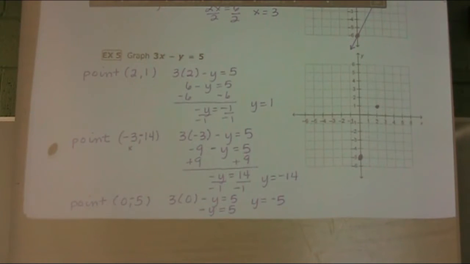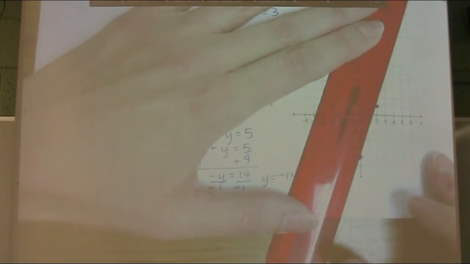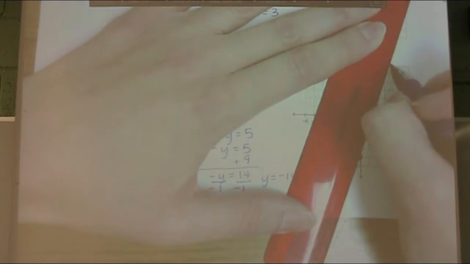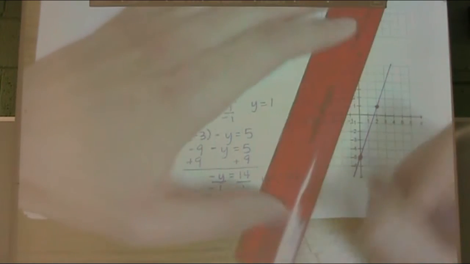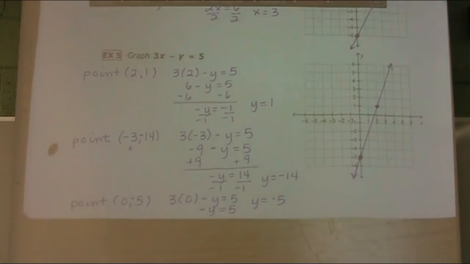So this time, I just didn't choose wisely, so I had to find 3 points, so I had something on my graph. And now I can draw my line. So put my ruler here. Draw a line that goes through both points, and draw arrows on the end to indicate that it goes indefinitely in both directions.